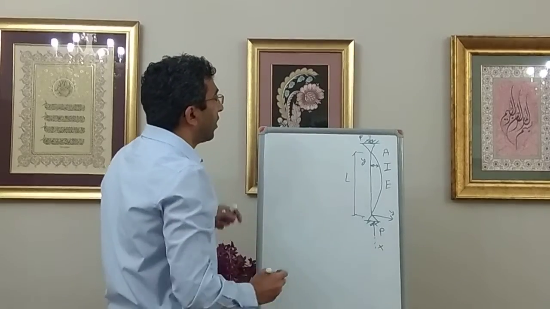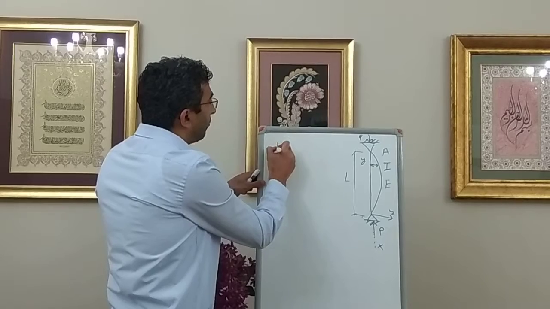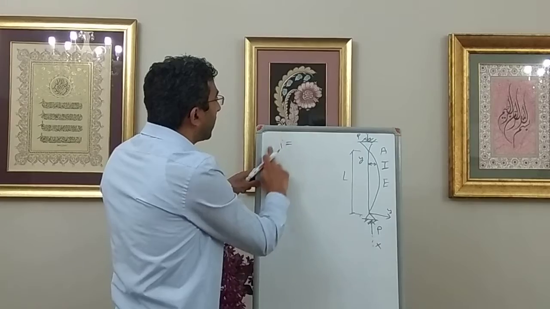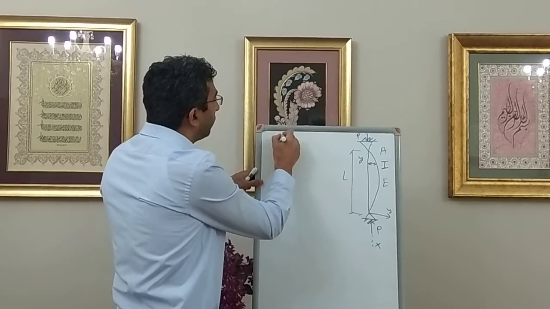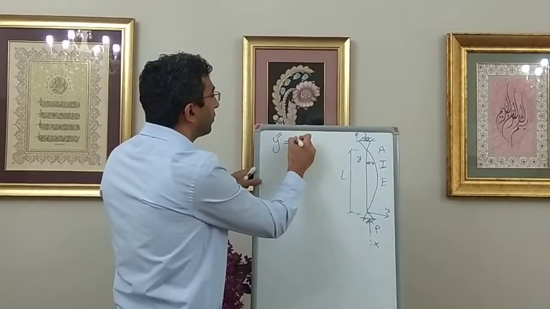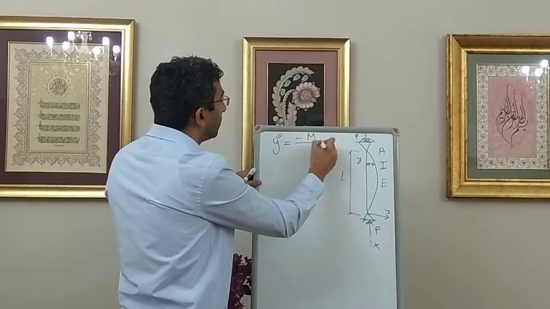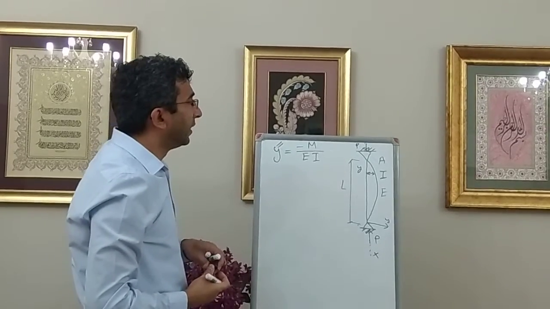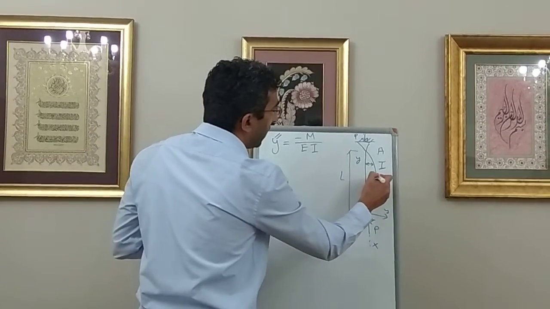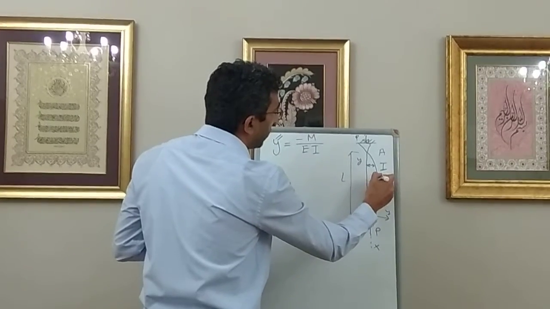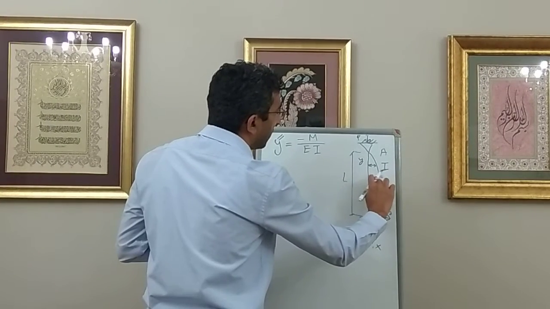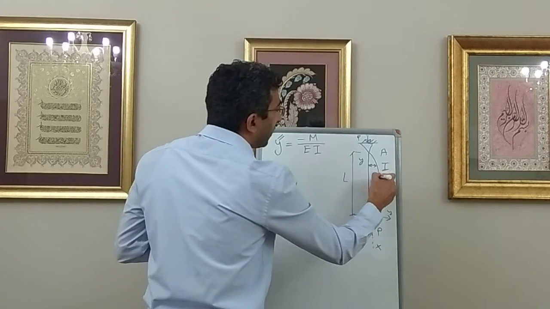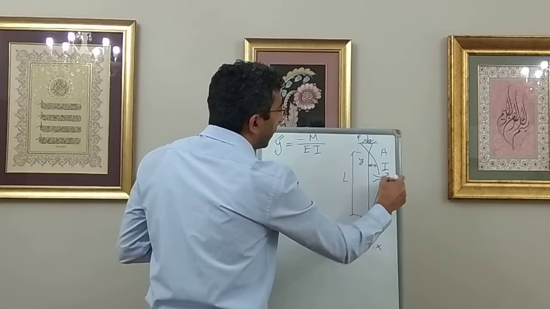Okay? So we know from strength of materials that the second derivative of the deflection is equal to minus the moment M divided by EI. So if you obtain the moment at any point, you have a section here, and you will obtain the moment at the deformed shape.